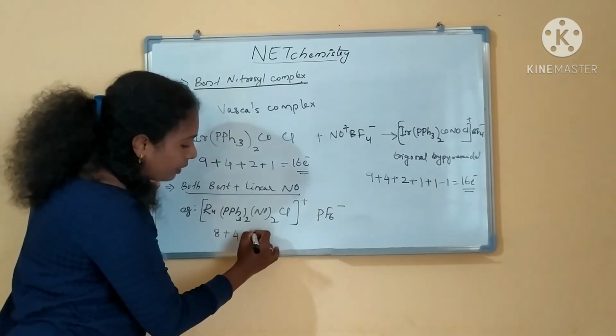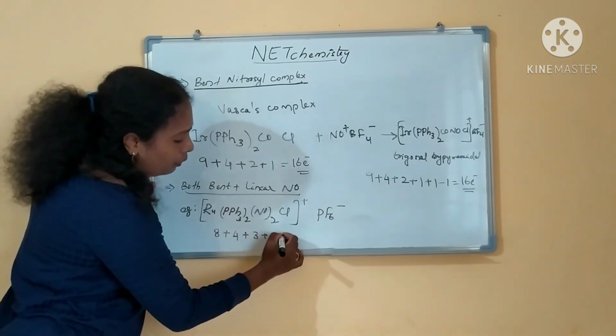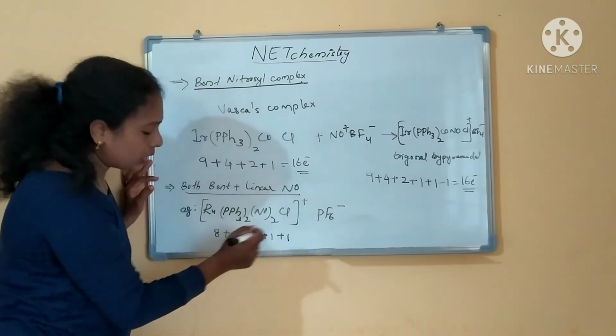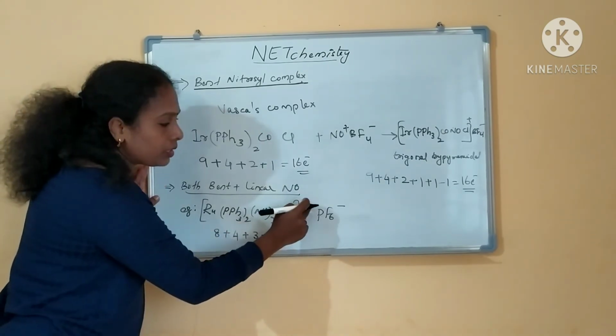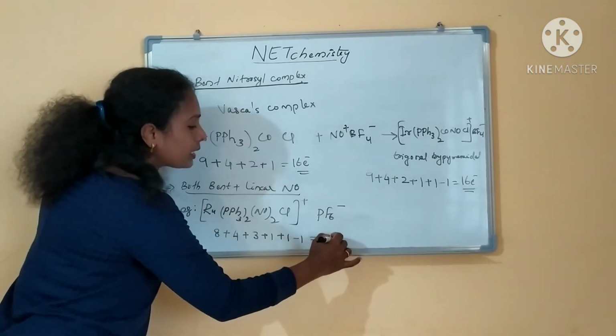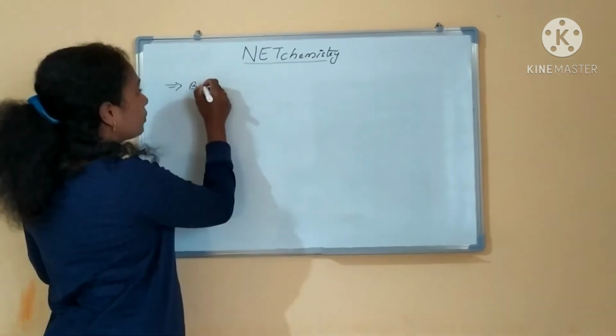So one will give 3 electrons and the other will give only 1 electron. Then chlorine will give 1 electron and here one positive charge will be there. How much do you get? You will get 17 minus 1 positive charge, so this also is a 16 electron complex. This is all about bent nitrosyl.